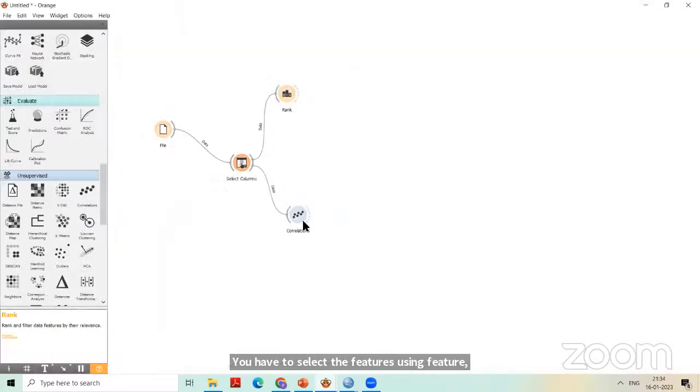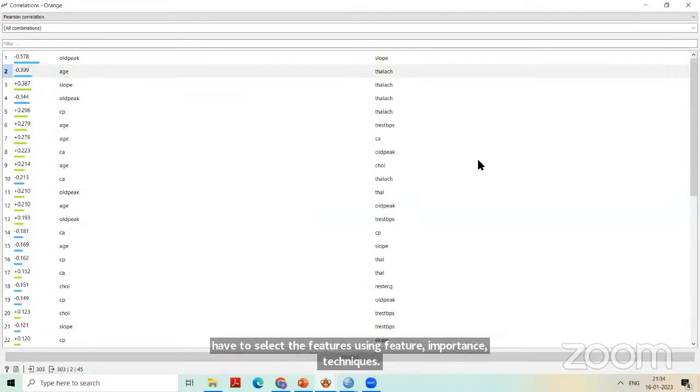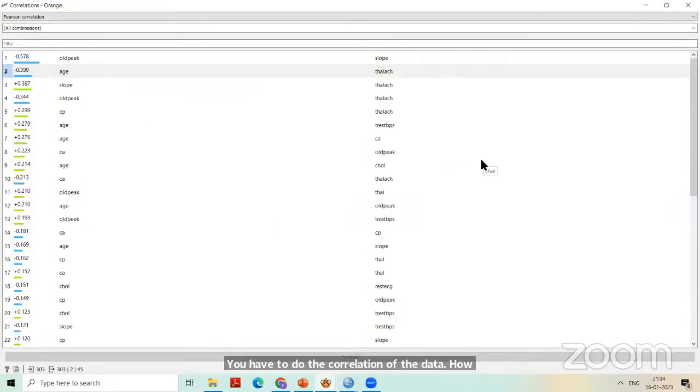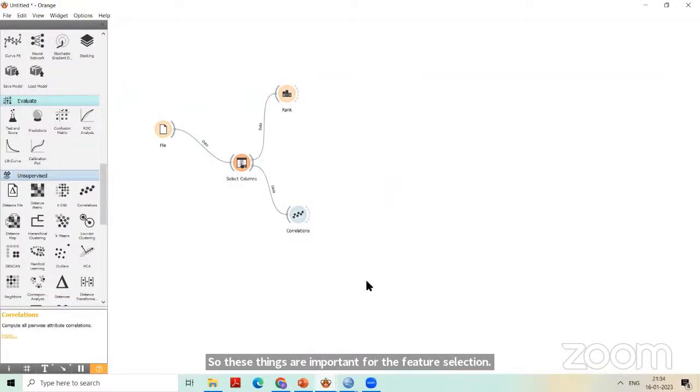You have to do the correlation of the data, how the data are correlated, to check which features we can reject. If two features are highly correlated, you can reject one, depending upon which feature is having more importance on the target variable. So these things are important for the feature selection. So this is the process. Whatever I have told you today, this process is performed for the feature selection in case of machine learning.